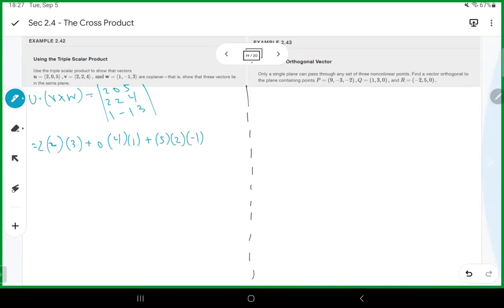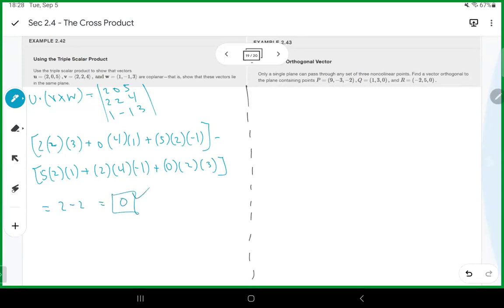Oh, this is super long. Minus 5 times 2 times 1, plus 2 times 4 times -1, plus 0 times 2 times 3. That's going to just work out to 2 minus 2. So it is 0. Okay.